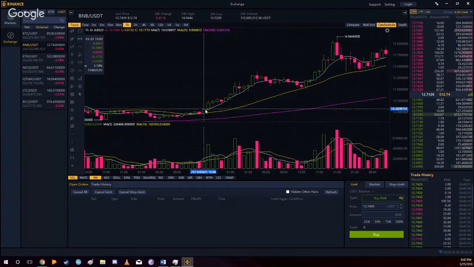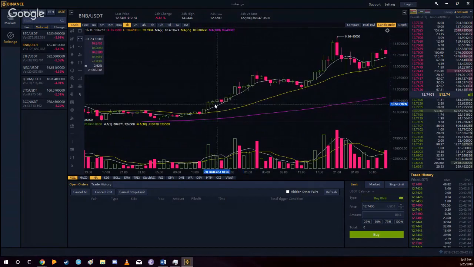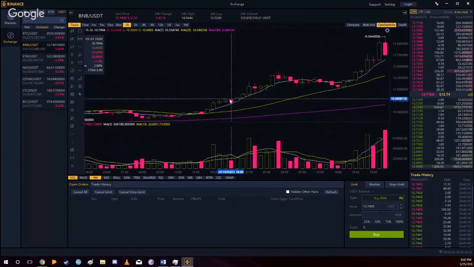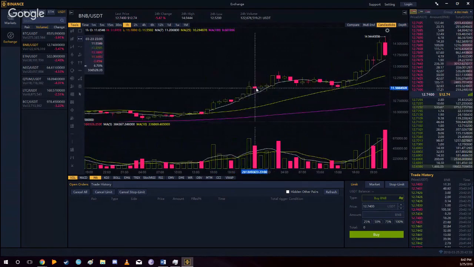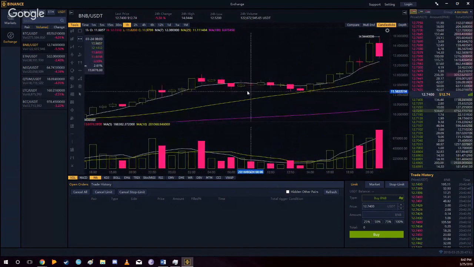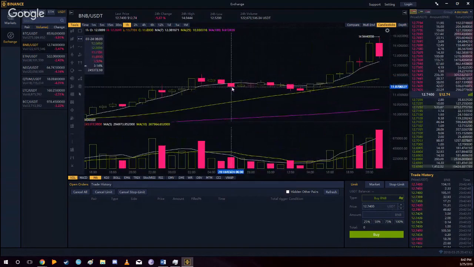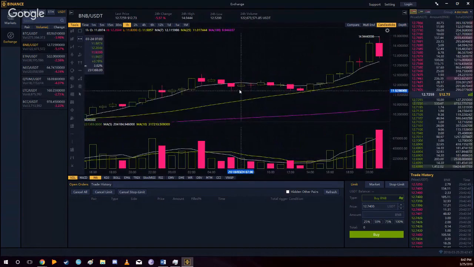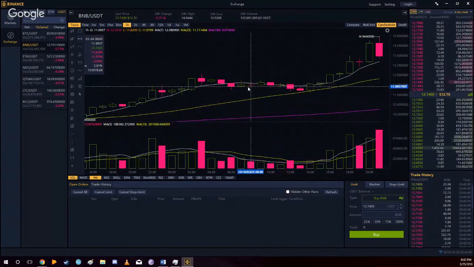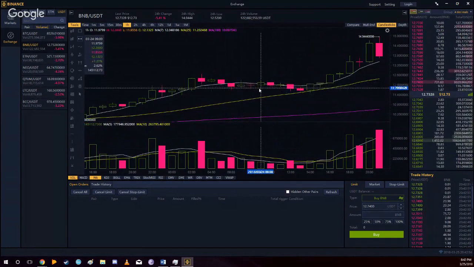As I said, if I made some trades on this uptrend, I also could have made some trades on this downtrend, because after 3 candles you can notice that the price stays below the moving average 7, but always tries to push it.